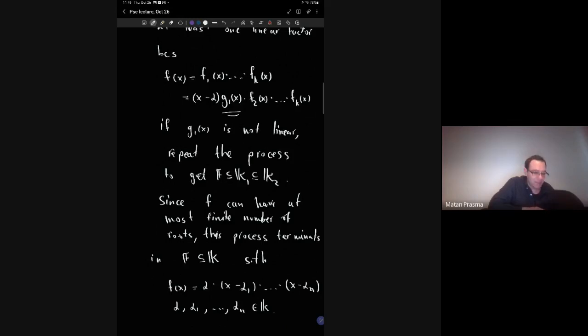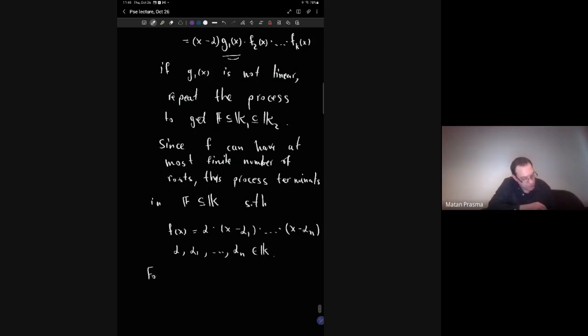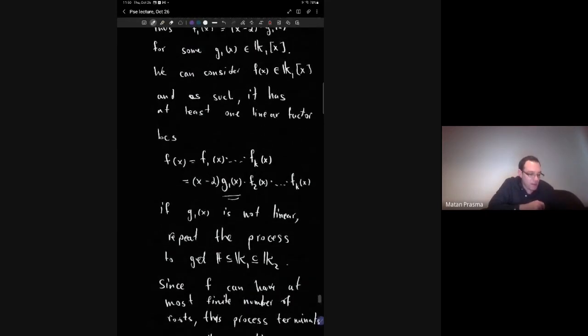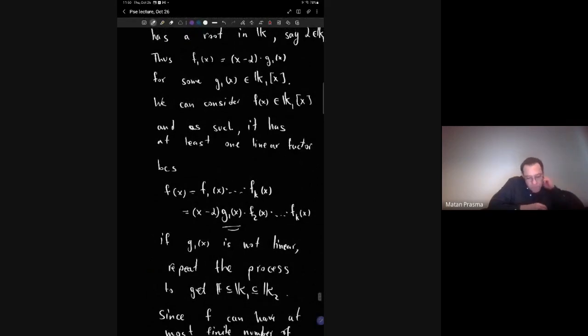And now, for minimality, observe that K1 is the minimal field containing F and containing alpha.